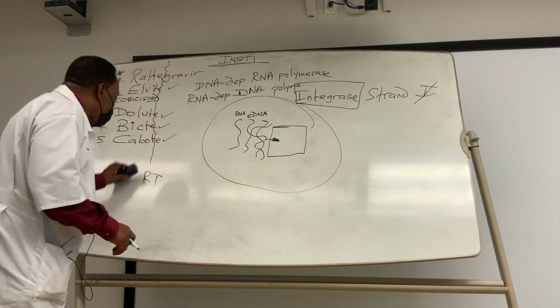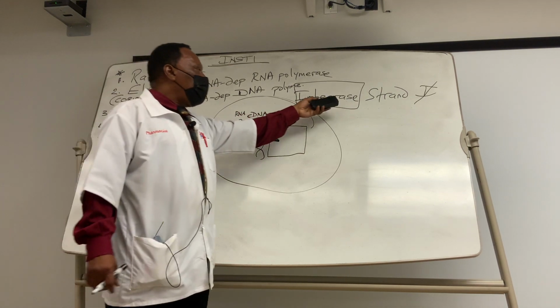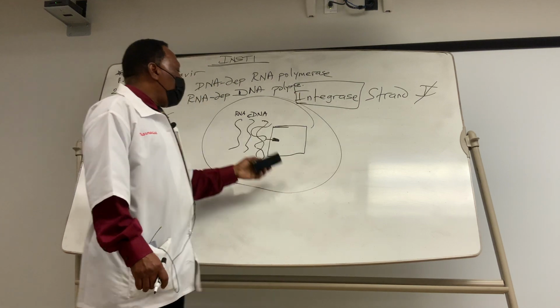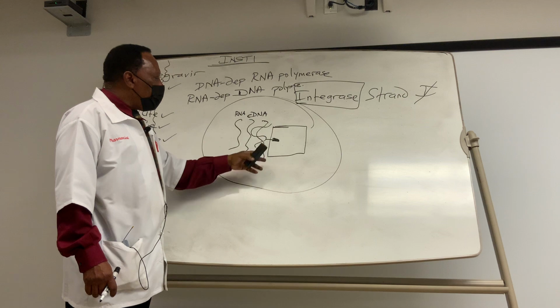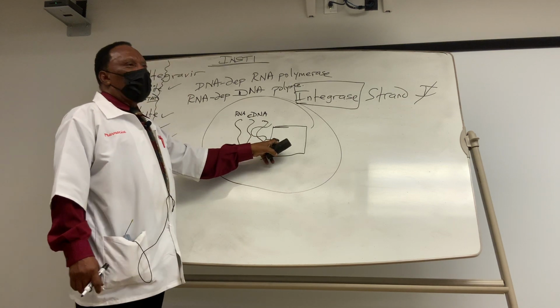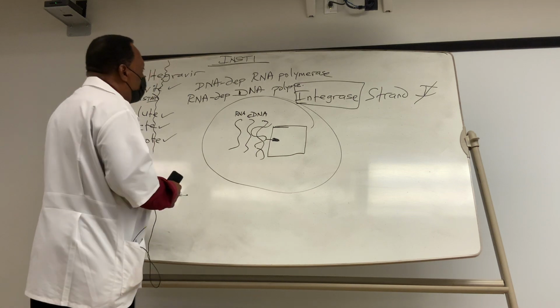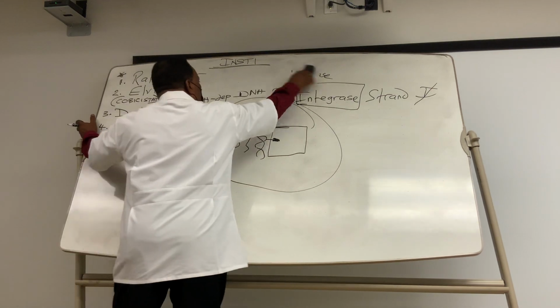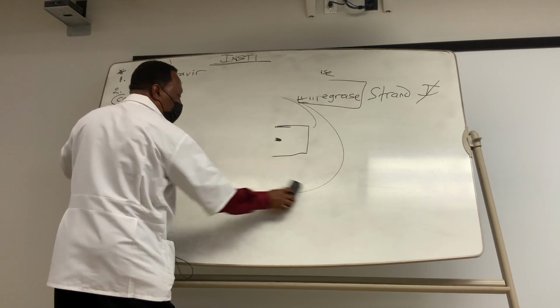So that's how all these drugs work. They will inhibit that enzyme so that the newly formed double helix DNA does not get incorporated into the host genome. That is the genome inside the nucleus of the host cell.